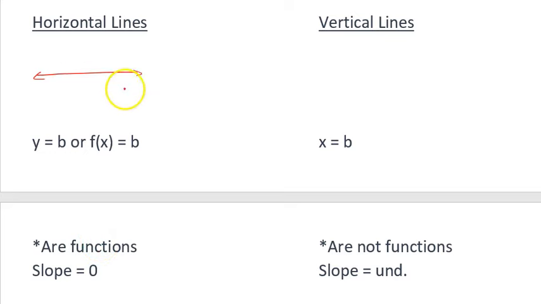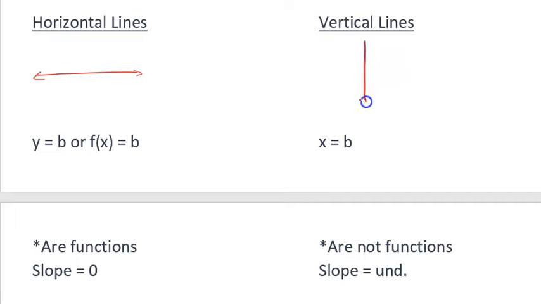They pass the vertical line test. So if you're asked if a horizontal line is a function, yes, it is. The slope of this line is 0. If you had 2 points on this line and used the slope formula, you'd get an answer of 0. And that makes sense. It's not slanted at all, not uphill or downhill, so a 0 slope, meaning that it's flat, makes sense.